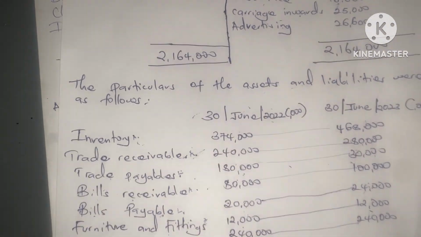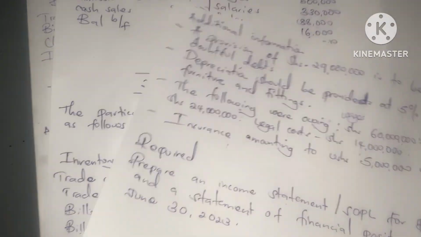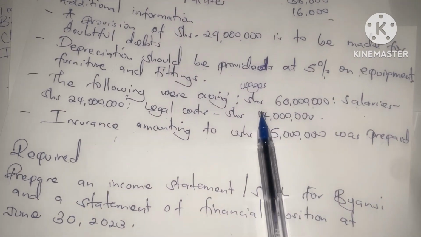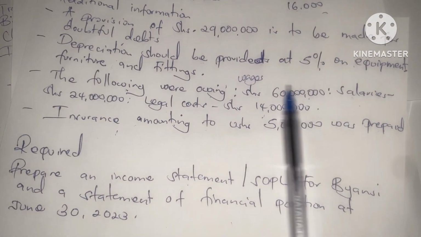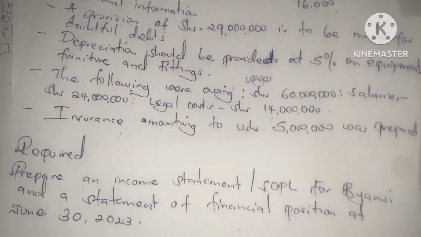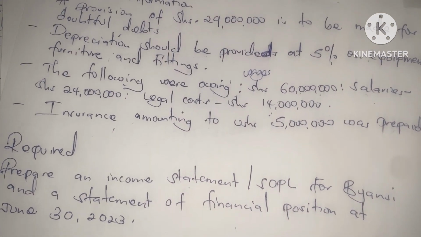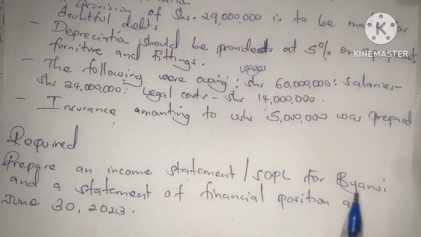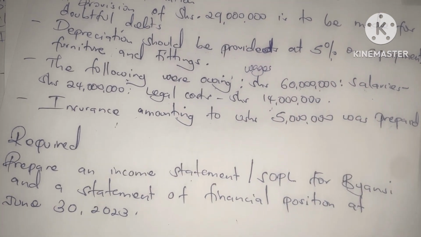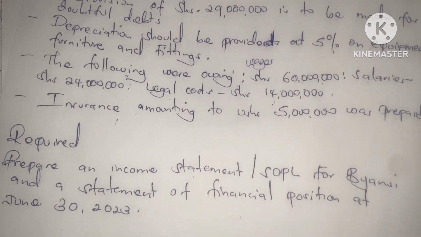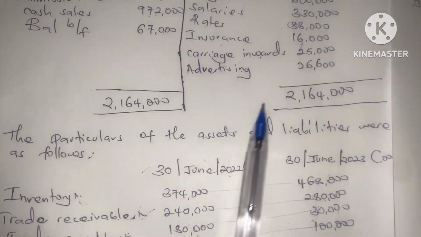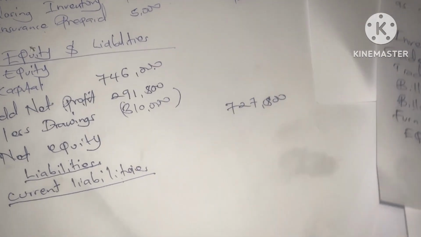Then according to additional information, we had these accrued expenses. Accrued expenses, the closing figures, the closing balances, when they're accrued, they are treated as liabilities. So those are the current liabilities that we are going to have.